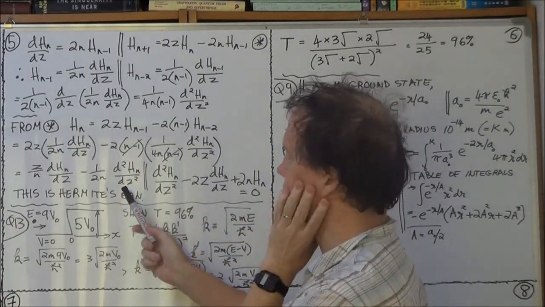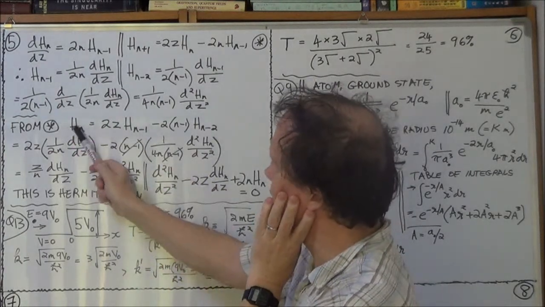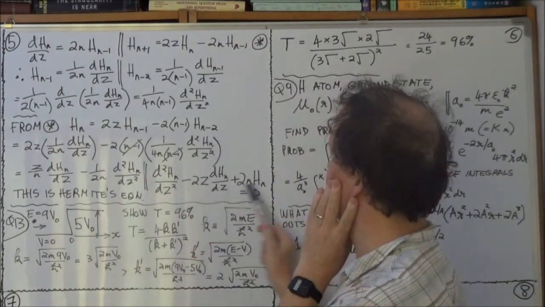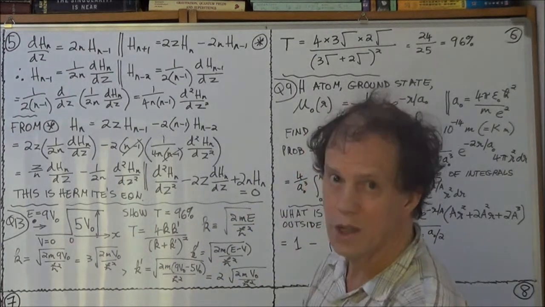So just take these two terms over to the left hand side, and that'll leave 0 on the right hand side, and there it is. And that is Hermite's equation.